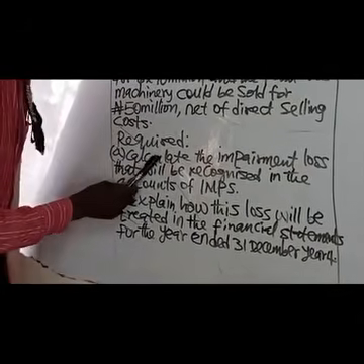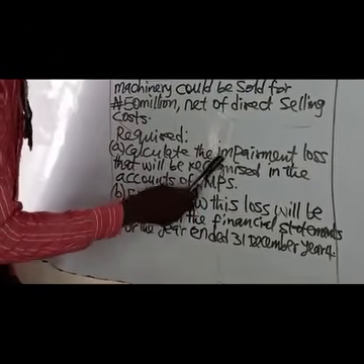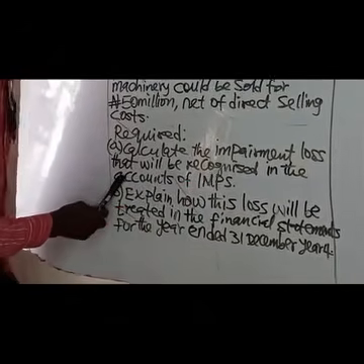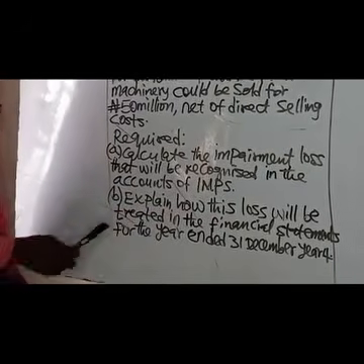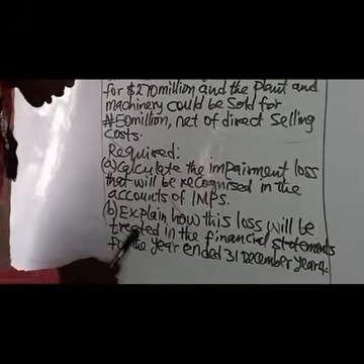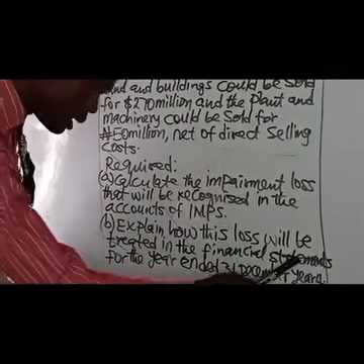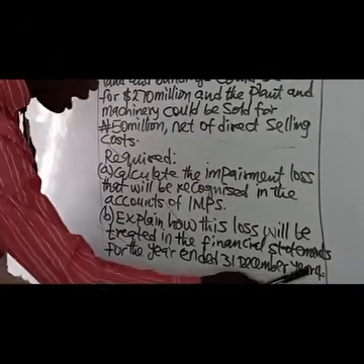A. Calculate the impairment loss that will be recognized in the accounts of IMPS. B. Explain how this loss will be treated in the financial statements for the year ended 31st December year 4.